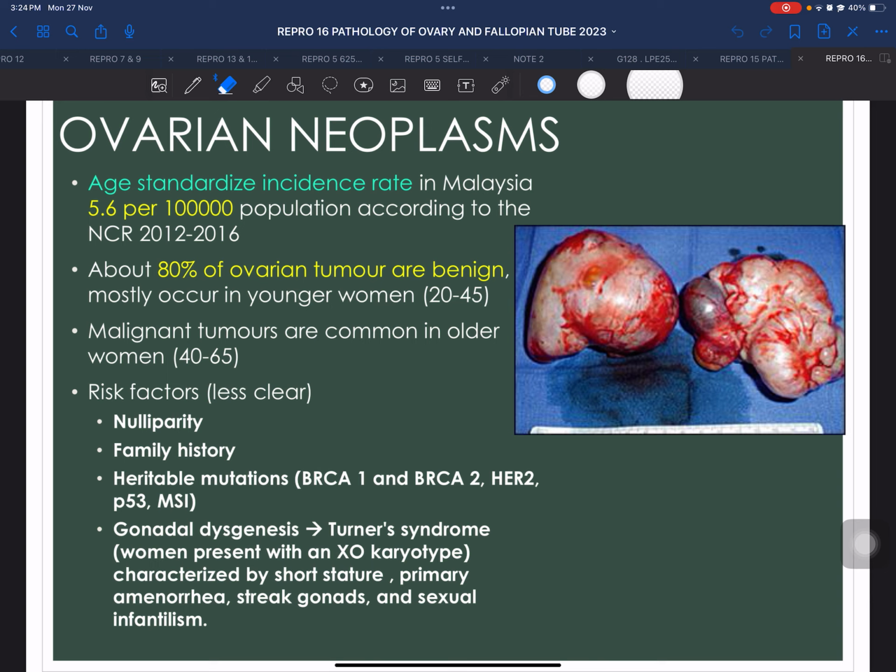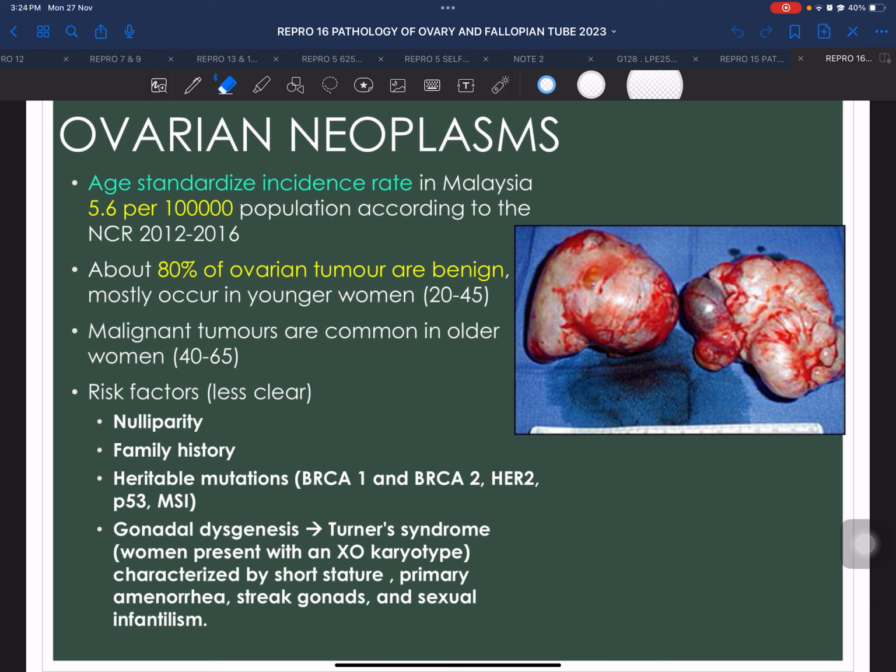So what are the risk factors for women to get ovarian cancers? First is nulliparity, being nulliparous, and family history. So around 5 to 10%, not that much, of ovarian cancer is familial. Most of these are associated with the BRCA1 and BRCA2 mutation.